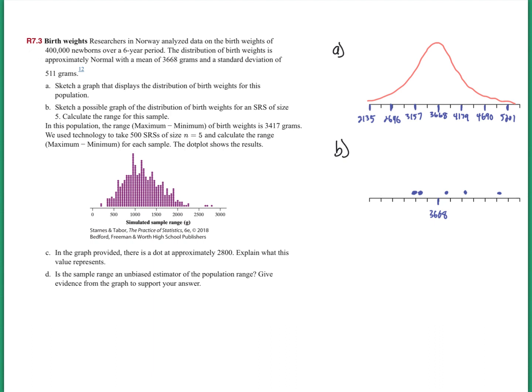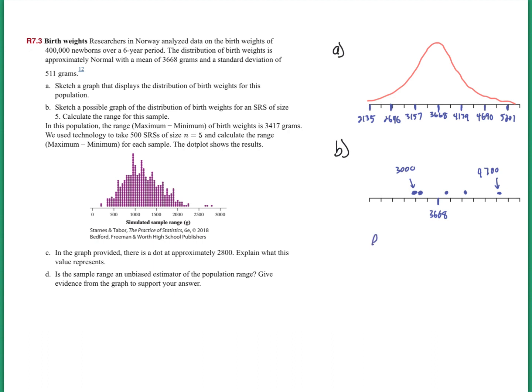Calculate, and they say calculate the range for this sample. Okay, so let's say this one here. So range is biggest minus smallest. Let's say that one, we'll just estimate that as like 4,700. And then this one here, we'll say 3,000.